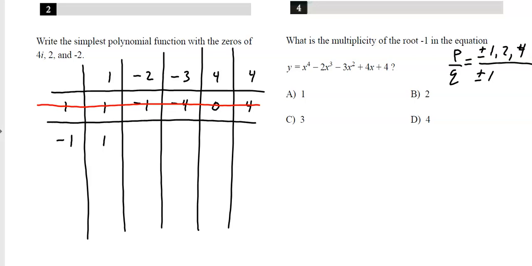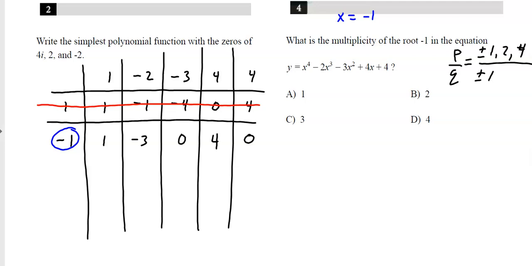Slide it down. -1 times 1 is -1, added to 2 is -3. -1 times -3 is 3, added to -3 is 0. -1 times 0 is 0, added to 4. And -1 times 4 is -4, added to 4. Boom. So I've locked down one of these. Right now I know I have x equals -1 once.